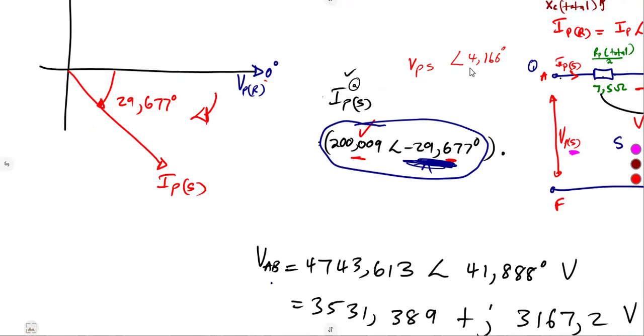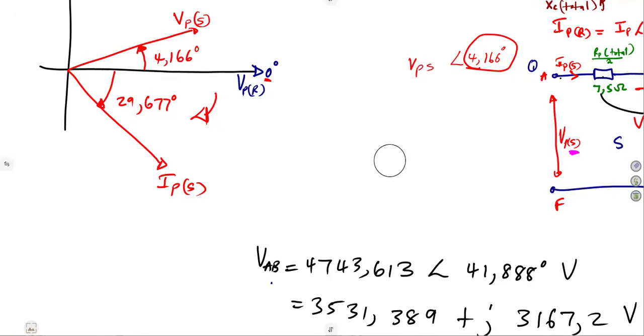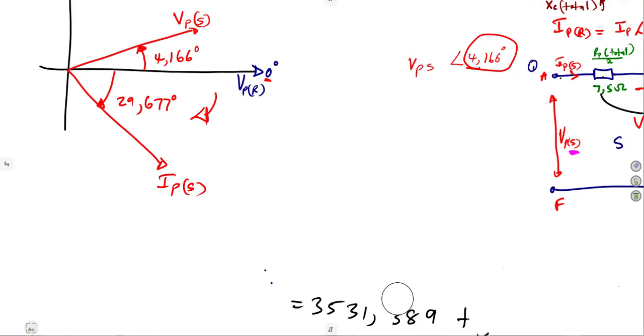So meaning to say, from the reference, we must go positive from 0 degrees. That's our reference. So this one is on the positive side. We are going up. So that's 4.166 degrees. That is the angle that we have between 0 degrees and the sending end voltage. That is exactly what those angles represent, guys.